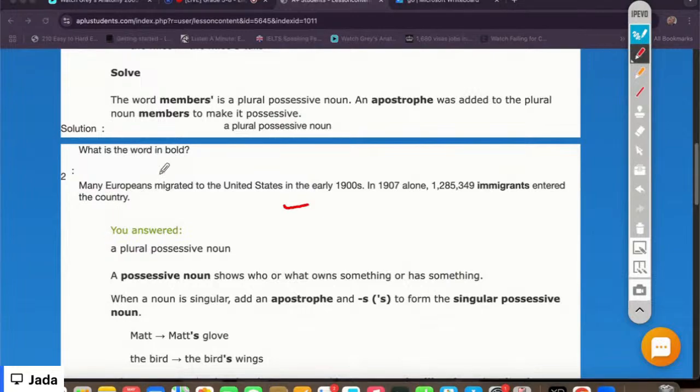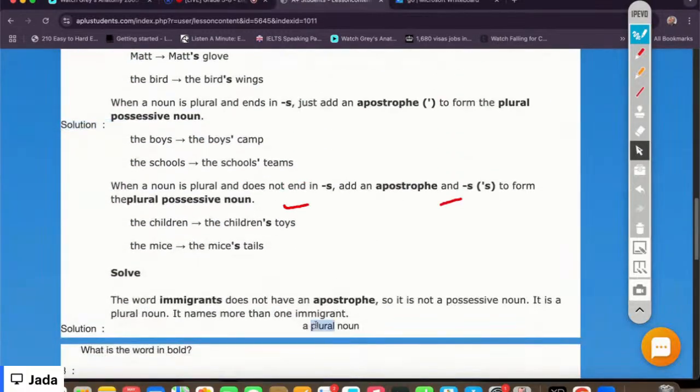All right. So, many Europeans migrated to the United States in the early 1900s, to 1907 alone. So, we have a lot of immigrants. So, we have the immigrants here. So over 1.2 million immigrants entered the country. So immigrants, this is going to be what? This is just the plural now.